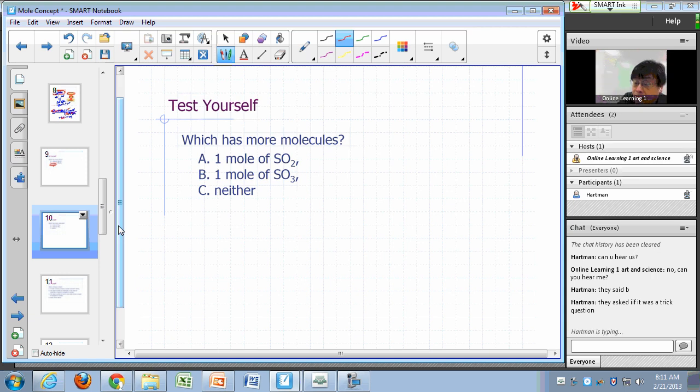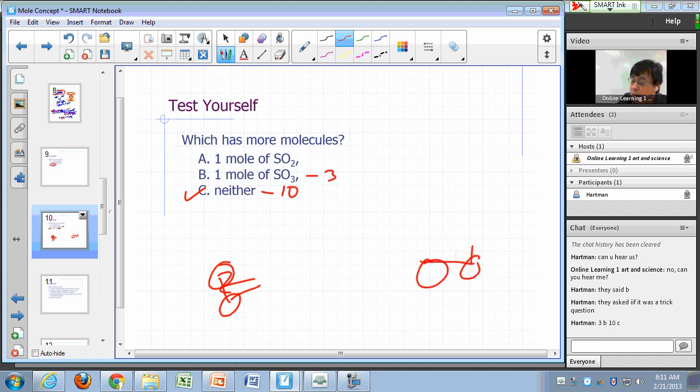Three B's and 10 C's. Okay, so very good. This is like asking which has more vehicles, a dozen bicycles or a dozen tricycles, right? Same number of vehicles. One just happens to have more wheels. So SO3 will have more oxygen atoms than SO2, but since we're counting molecules, the actual groups, you'll have the same number of molecules. Okay?